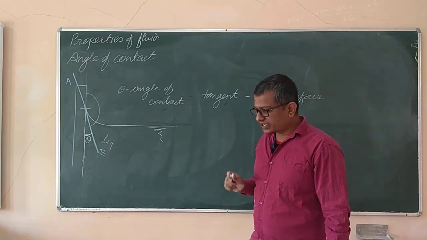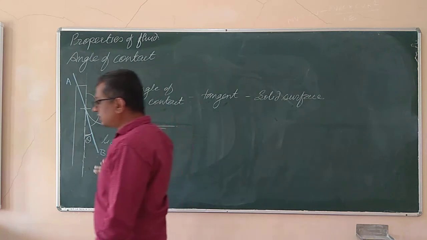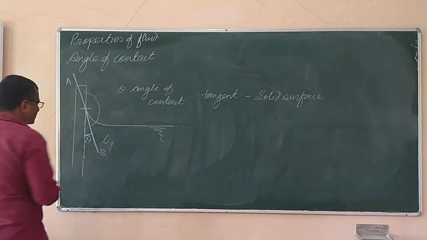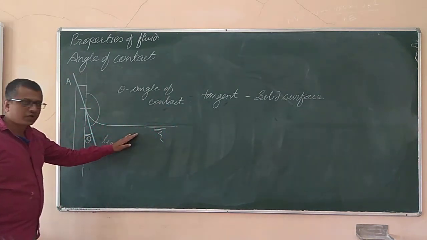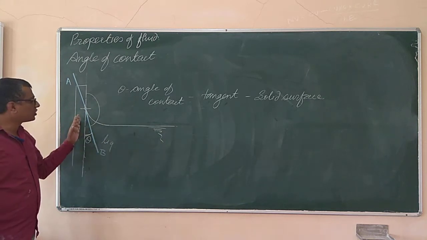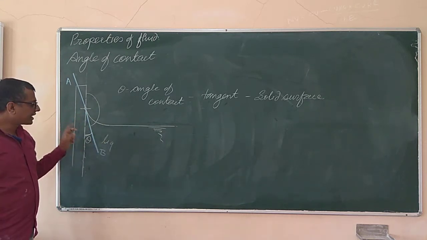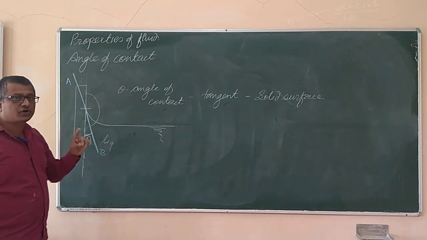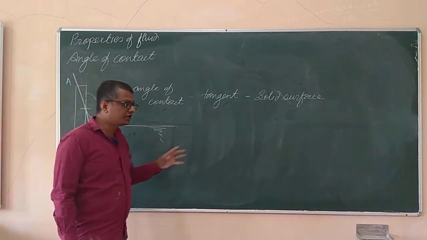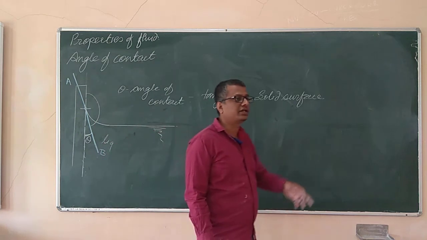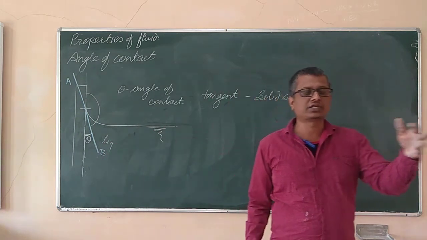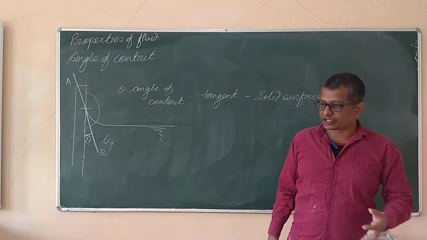This angle of contact theta depends upon what liquid we have in the container and what solid that container is made of. The angle of contact is not defined for one particular liquid. For example, if I say the angle of contact for water is 0 degree or 10 degree, that will not be the appropriate answer.